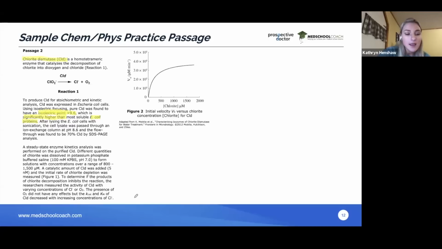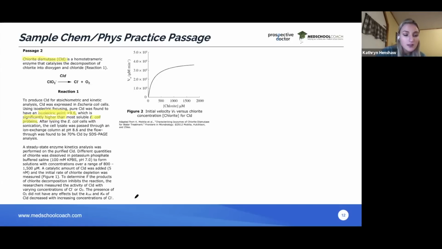Okay, and then we left off at where it mentioned figure 1. So just getting to the bottom of this passage here, it says to determine if the products of chlorite decomposition inhibit the reaction, the researchers measured the activity of the enzyme with varying concentrations of the products.